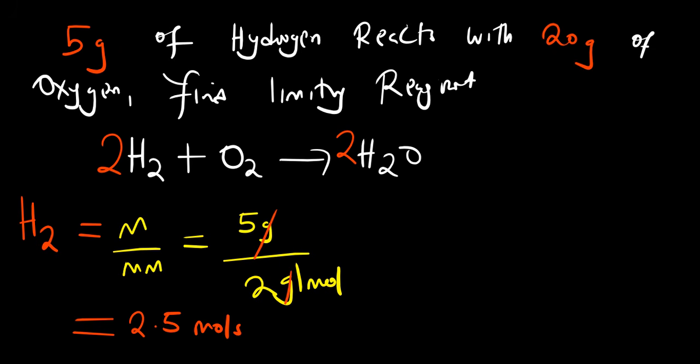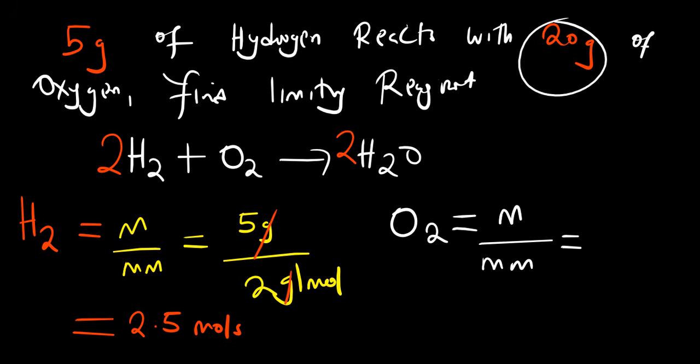So we found the moles of hydrogen. Then let's find the moles of oxygen. Oxygen, its number of moles, will be mass over molar mass as well. The mass, we've been given that it is 20 grams, divided by the molar mass of oxygen, which is 16.